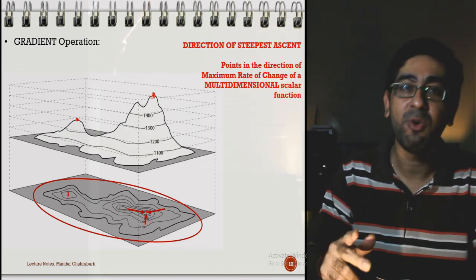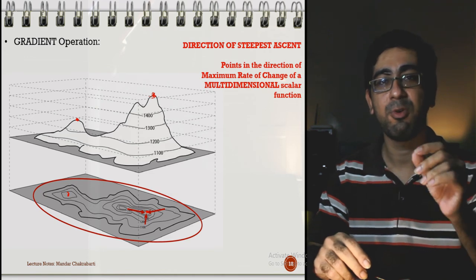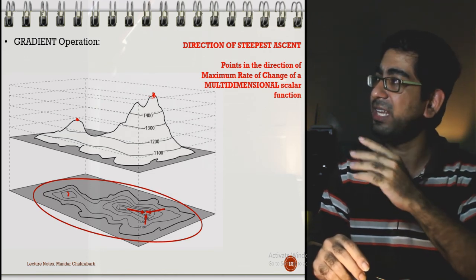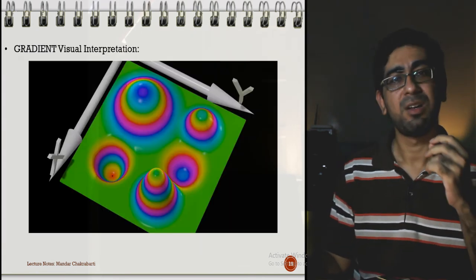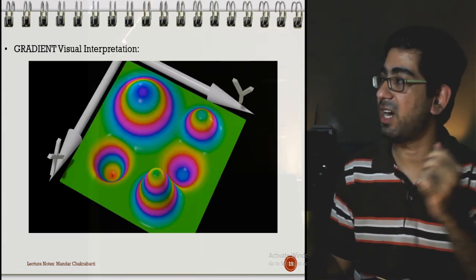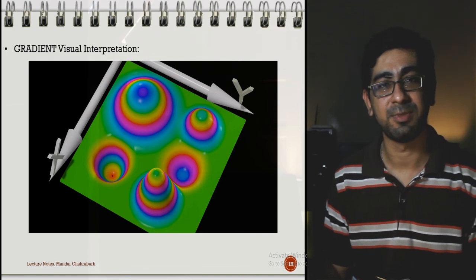Okay, so before I leave off for today, I want to show you one small animation which might help you a little bit more to clear your concepts regarding this gradient operation.